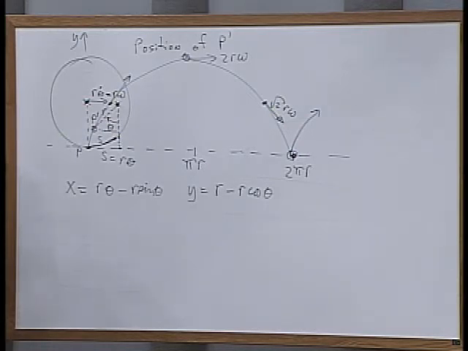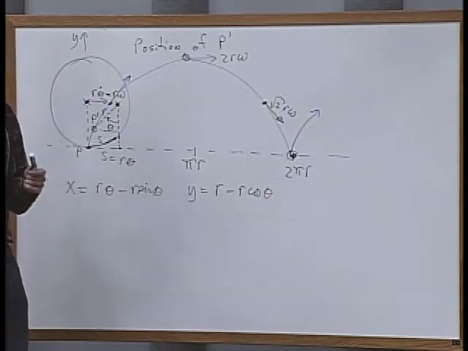Where is its normal acceleration greatest? Where its velocity is greatest, because it's moving along the edge of the wheel. So the top of the path, probably right where it turns around. Think about it, isn't it R omega squared?